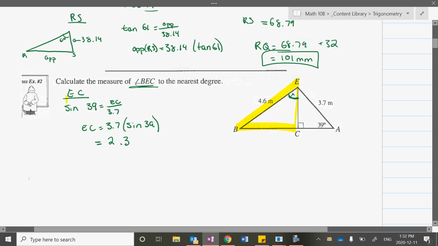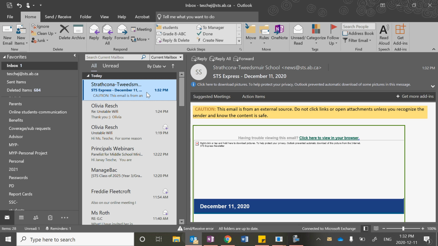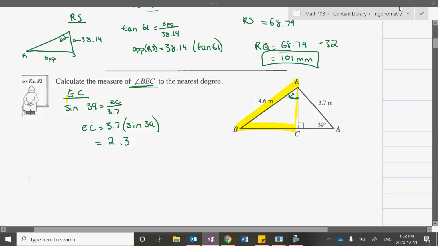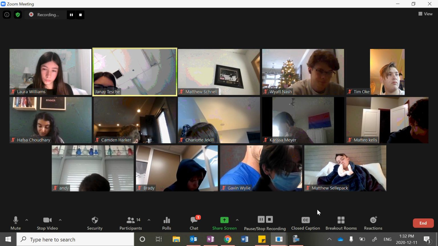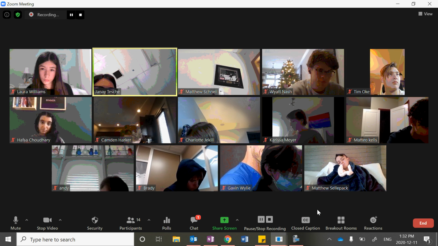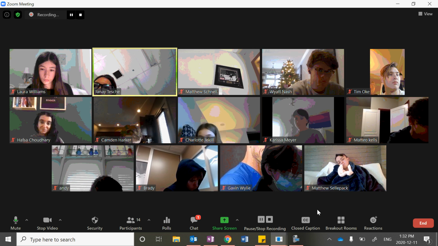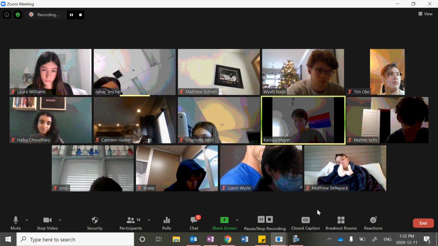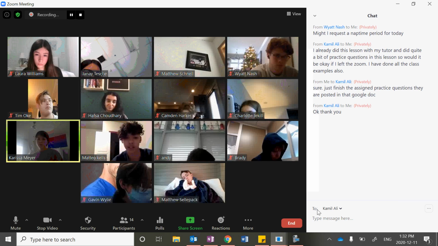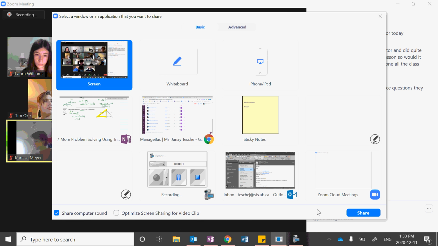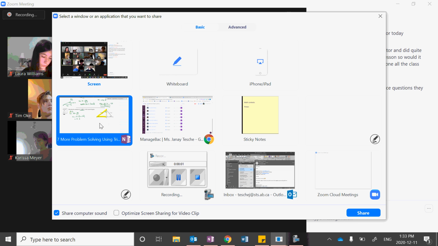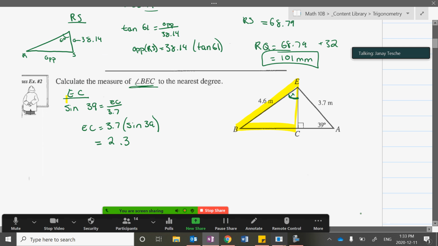Hey, who wants to be brave and share their answer? Just for the height of EC, so just that vertical height. I got 2.3. So we should be doing 3.7 times the sine of 39.